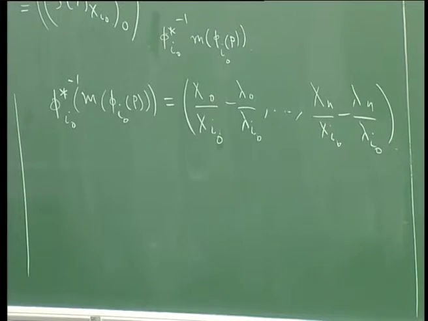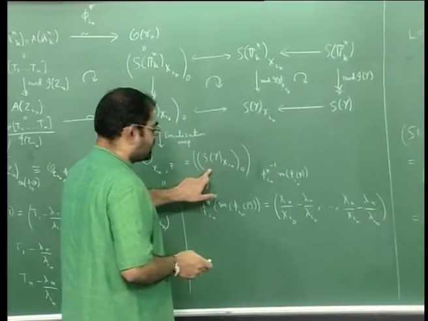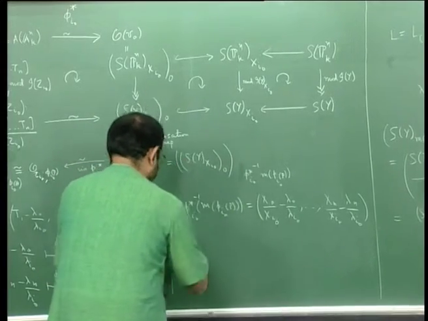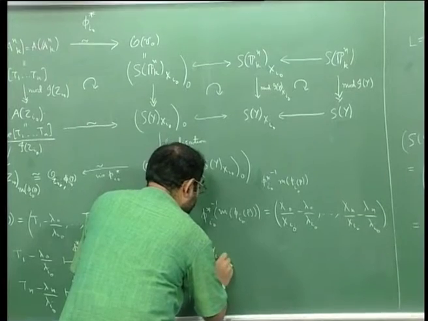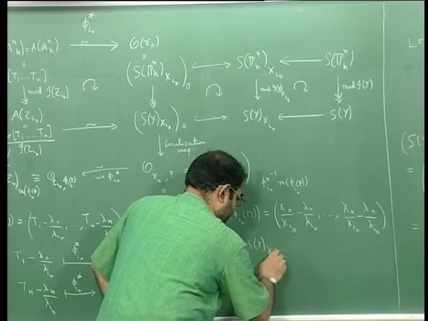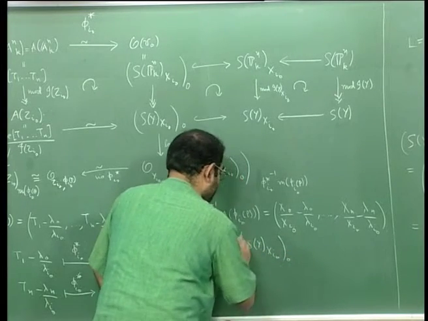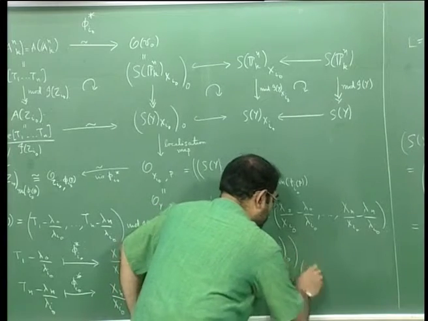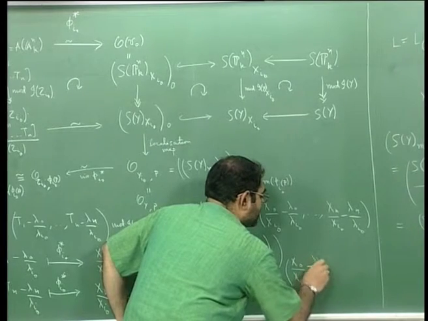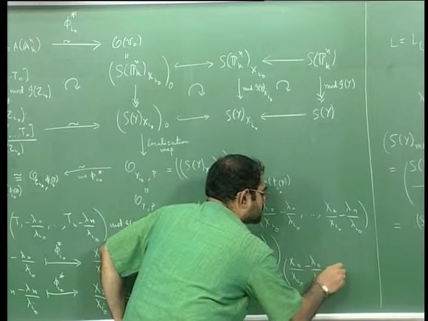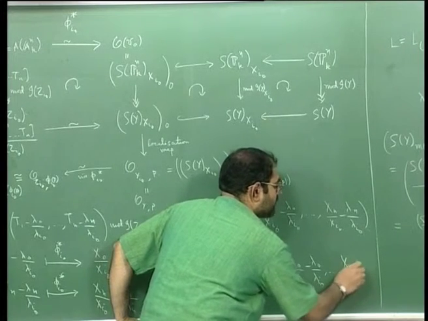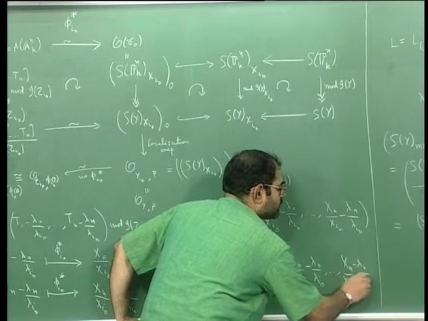And therefore this ring, O y I naught comma p, is just sy localized at x I naught, take the degree 0 part and further localize at this ideal, x naught by x I naught minus lambda naught by lambda I naught and so on, xn by x I naught minus lambda n by lambda I naught.